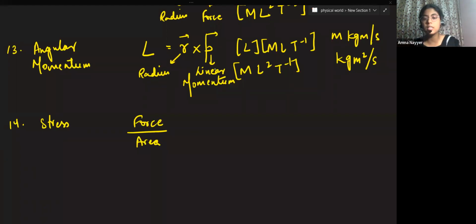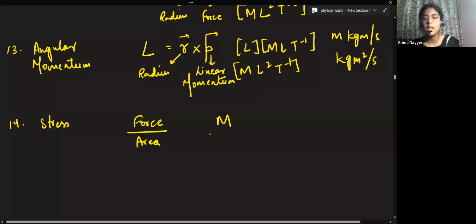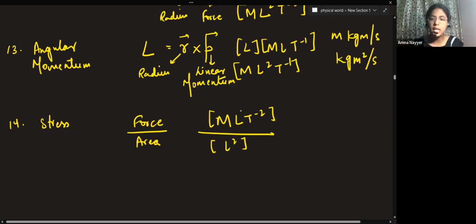Now force dimension is mass multiplied by acceleration, M L T to the power minus 2, divided by area. Area is what? L square. So see, L to the power 1 is there, this becomes L to the power minus 2. So L to the power 1, L to the power minus 2, that is L to the power minus 1 only. Or you can say this L will get cancelled with the square.